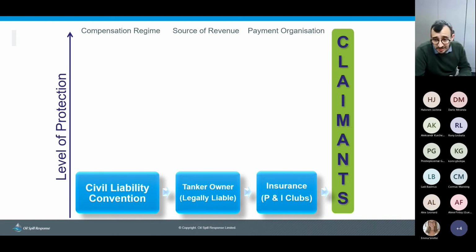He is also exempt if the damage was wholly caused by an act or omission done with the intent to cause damage by a third party, or if the damage was wholly caused by the negligence or other wrongful act of any government or other authority responsible for the maintenance of lights or other navigational aids.